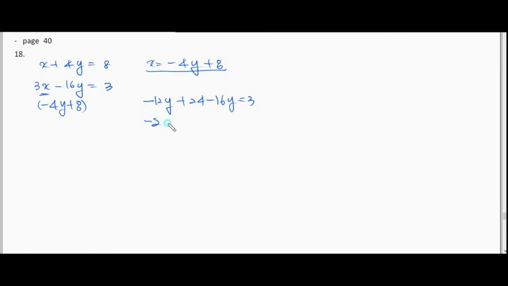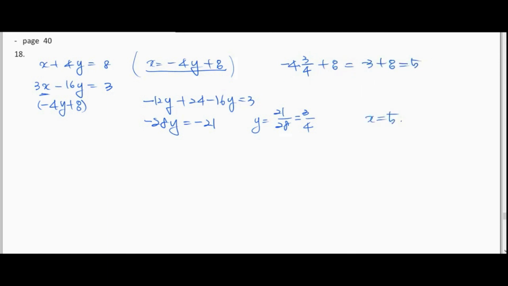So negative 28y equals negative 21. Dividing both sides by negative 28, y equals 3 over 4. And then let's substitute the y here to find out the x. Negative 4 multiplied by 3 over 4 plus 8 equals negative 3 plus 8, so x equals 5.